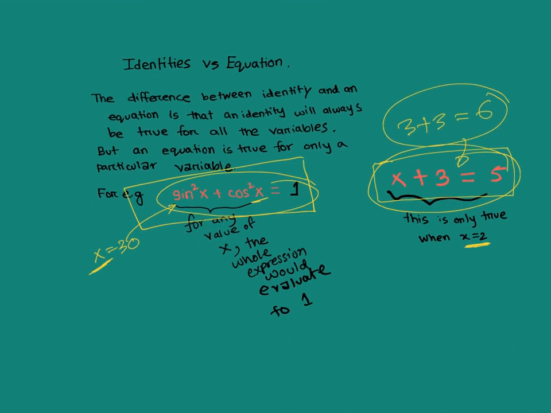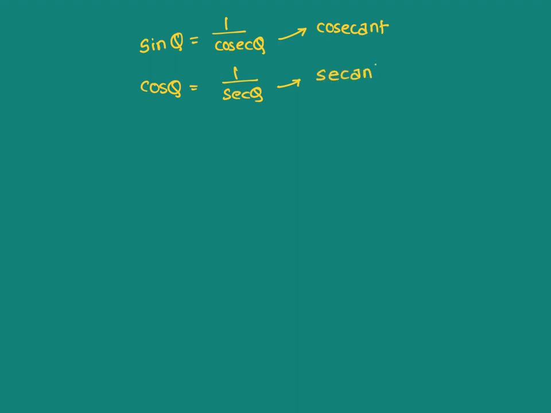All right, now let's start with some basic trigonometric identities which you need to know. The first identity is sine theta is 1 by cosec theta, and cosec is basically the short form for cosecant. Then we have cos theta, which is equal to 1 by sec theta, and sec is the short form for secant.